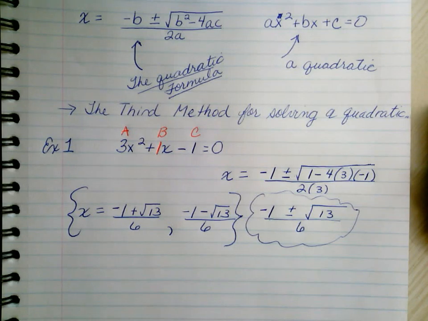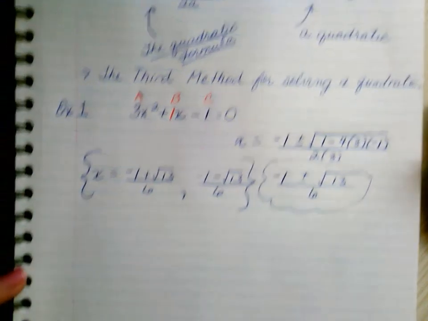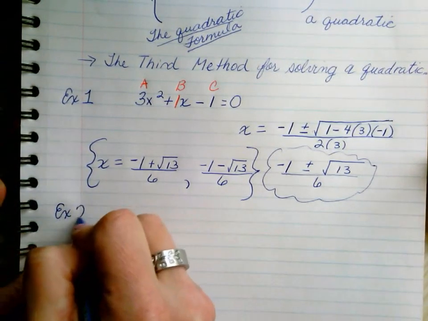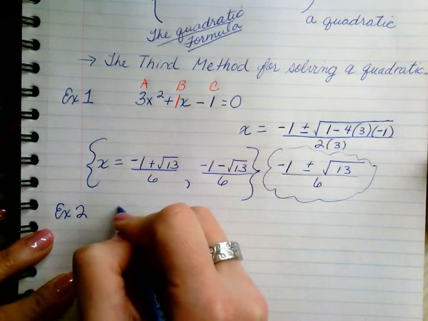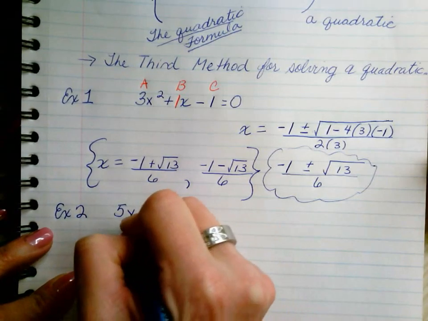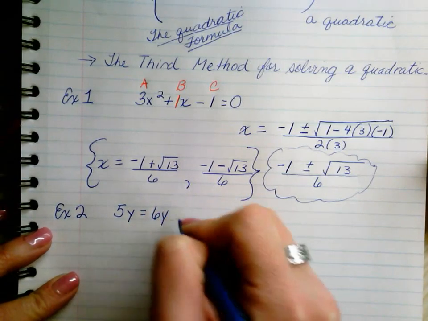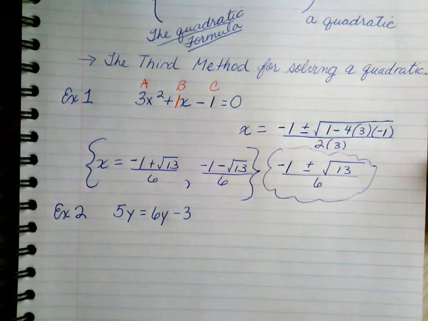Moving on. Example 2. This one is no different, only example 2 is not written in a pretty quadratic form. We're going to have to manipulate it a little bit to zero it out. We're on the top of page 312.